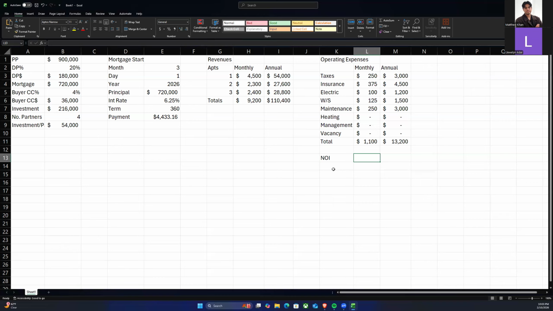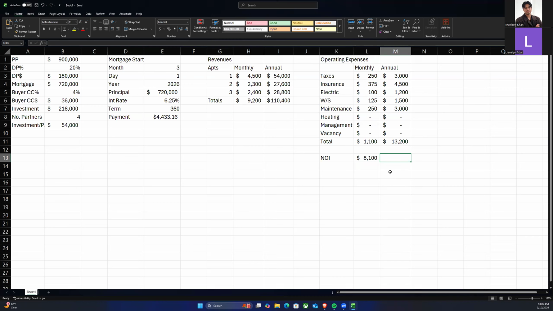So how much do we make? We're going to say equals, and we're going to take the total for the monthly, which is 9,200 on the top left, and then minus off the monthly expenses. Okay, 8,100 is what it makes for me or Bob.